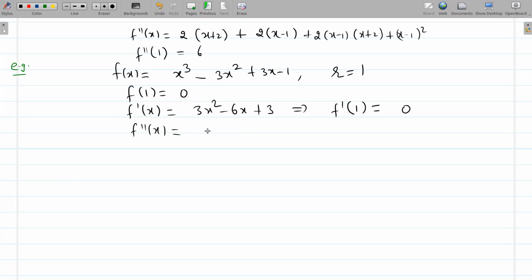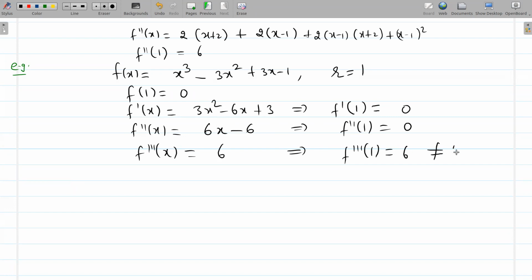Then f double dash is 6x minus 6, and the second derivative is also 0. So write the third derivative, which is 6. So the third derivative at 1 is 6, which is non-zero. So in this example, the first derivative is 0 at the root, the second derivative is 0 at the root, the third derivative is non-zero. So multiplicity is 3.